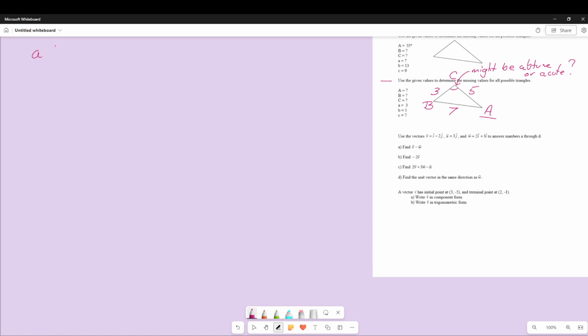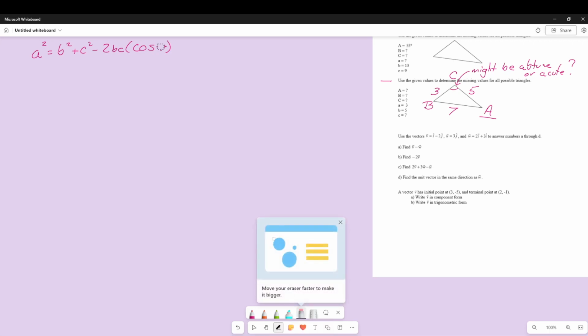So, law of cosines tells us that a squared equals b squared plus c squared minus 2bc times the cosine of the angle opposite a. So why don't I label that capital A just to be clear.